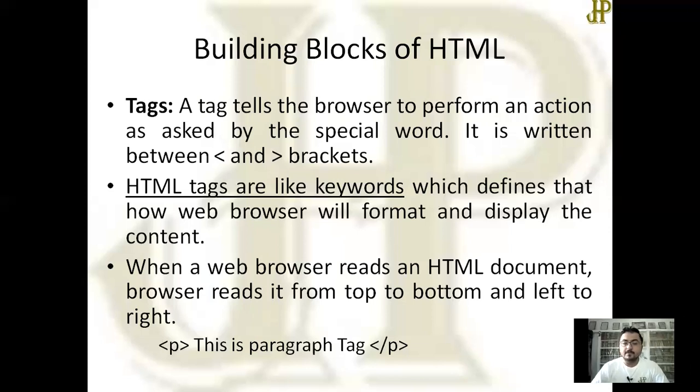It is written between angular brackets, okay? Left angular bracket and right angular bracket. For example, this is a tag known as the paragraph tag. It starts with left angular bracket P, right angular bracket, then whatever content you want to display on the web page, and after that the closing tag.